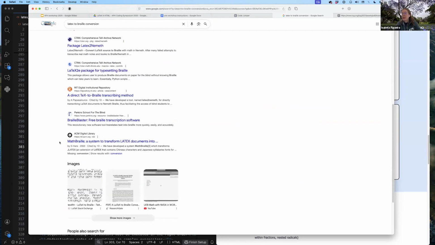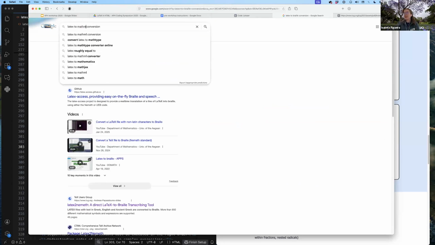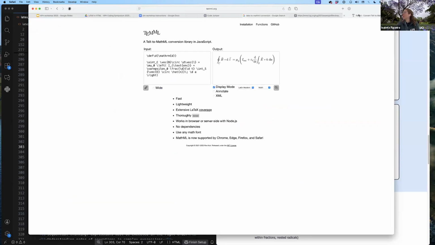I was using a converter to make some of the MathML for my HTML file. I know that LaTeX to MathML exists. I think this is one. This one is for converting LaTeX on the left, like square root of 2, and then it outputs to MathML.